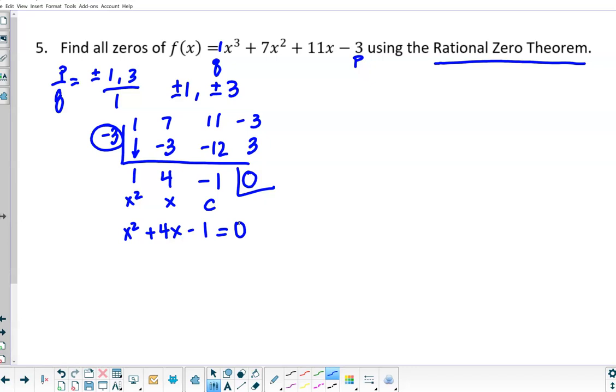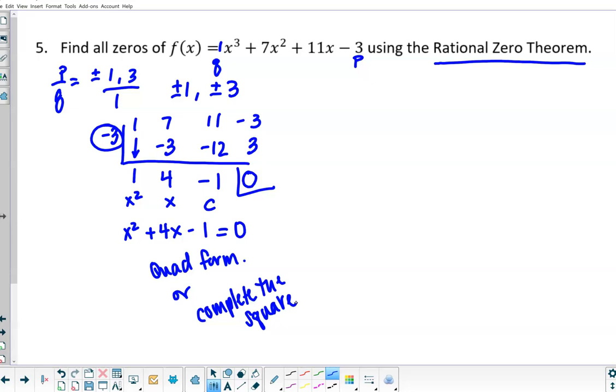Then your other two options are the quadratic formula or completing the square. Completing the square would not be bad at all for this one because our a value is 1 and our middle term is even.